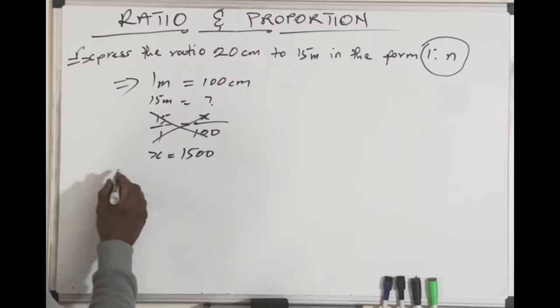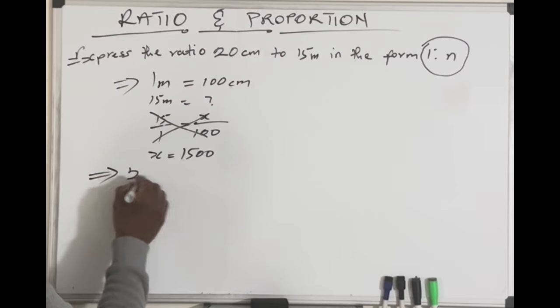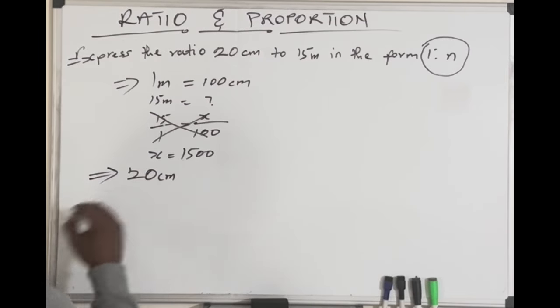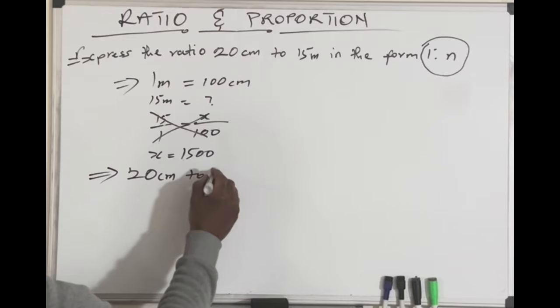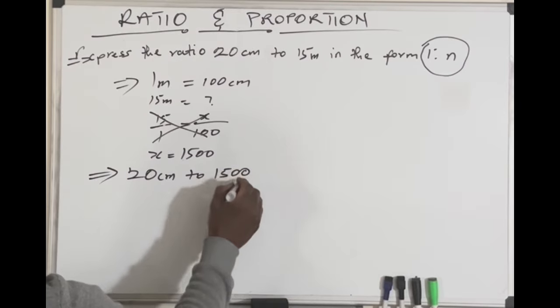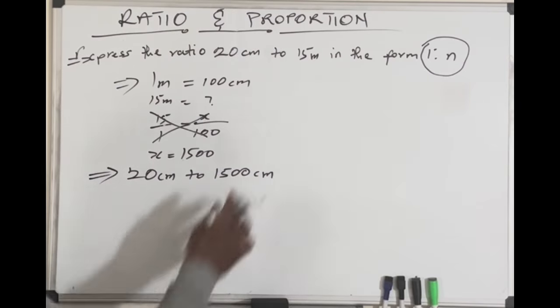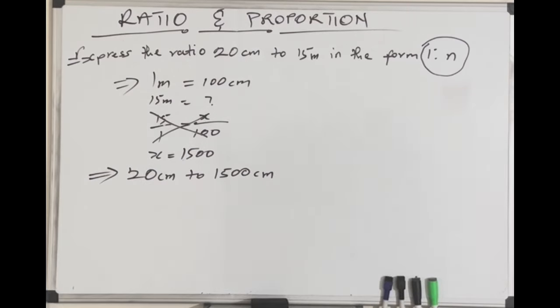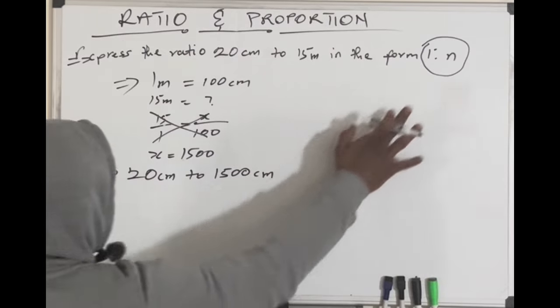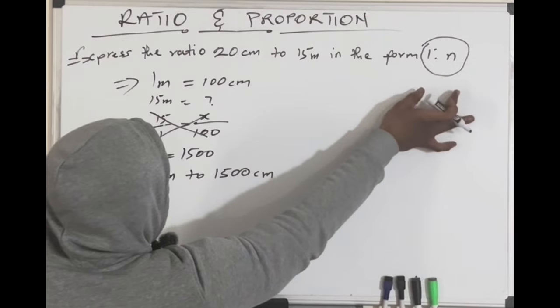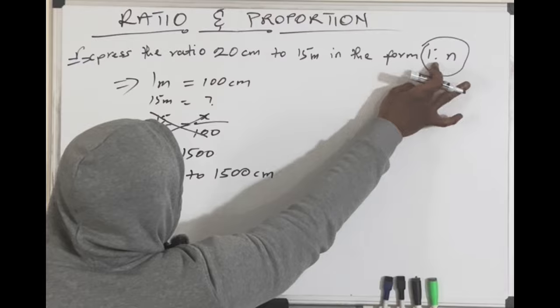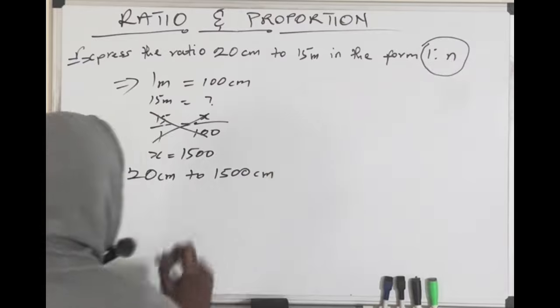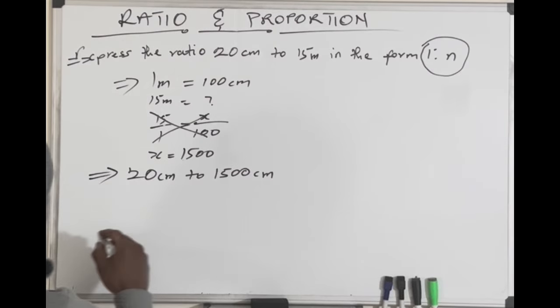Now we have new numbers here: 20 centimeters to 1500 centimeters, no more meters. So right now we have the same units. Okay, so we can go ahead and work our way out and then make sure our answer is 1:n, a number.